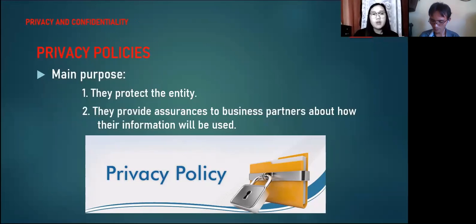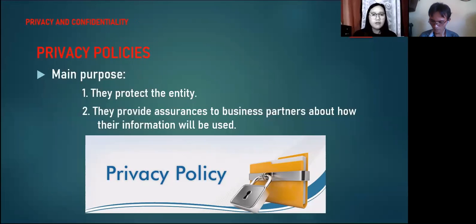So the privacy policy has two main purposes. First, they protect the entity, because they clearly spell out how they will treat proprietary information. And the policy can foster transparency and trust between operators and users.